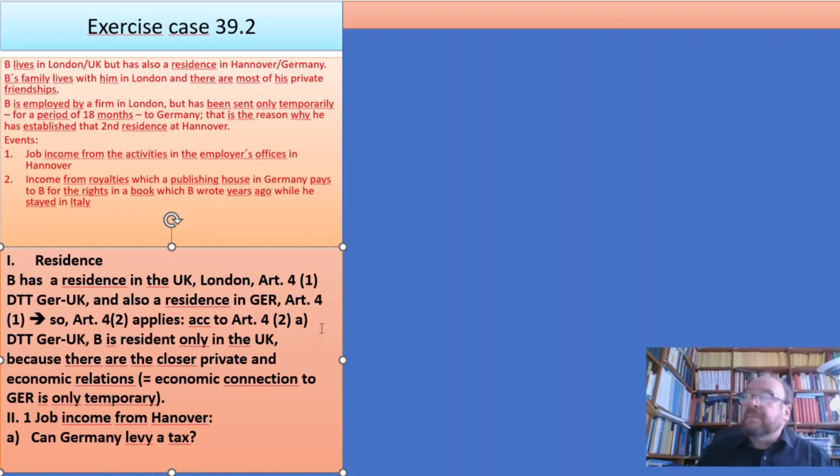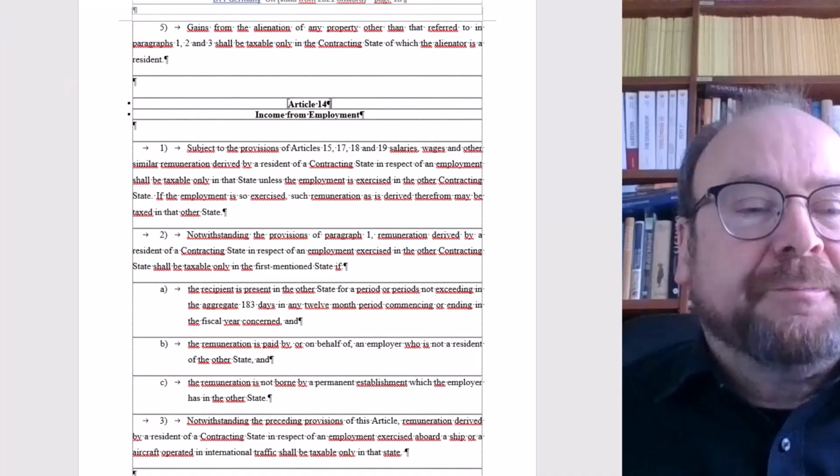We suppose it might be Article 15, however, in concrete treaties, sometimes Article 15 has a different number, because as you know, Article 14 from the OECD model has been deleted, so there might be a shift in the numbers. Let's just look it up and enjoy the suspense.